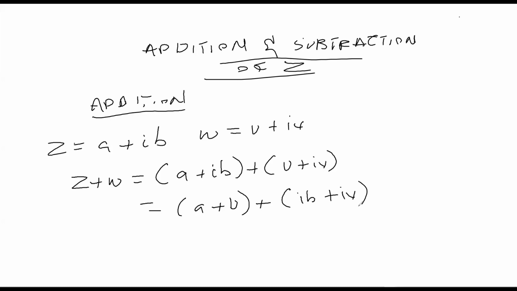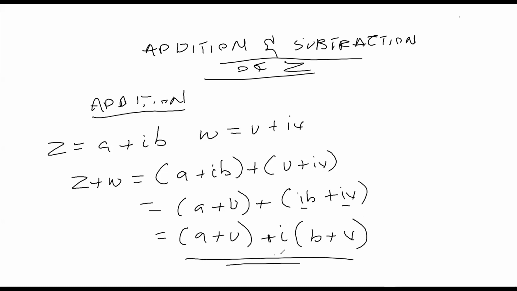Okay. Then to simplify this further, obviously we have our real part here, we add the real parts together, then we factor out the i, so that we just remain with the real numbers inside here, which is b and v. So we're going to have plus i times b plus v.